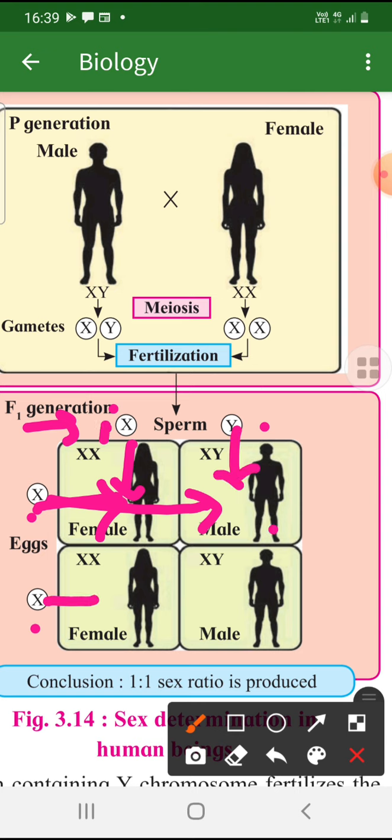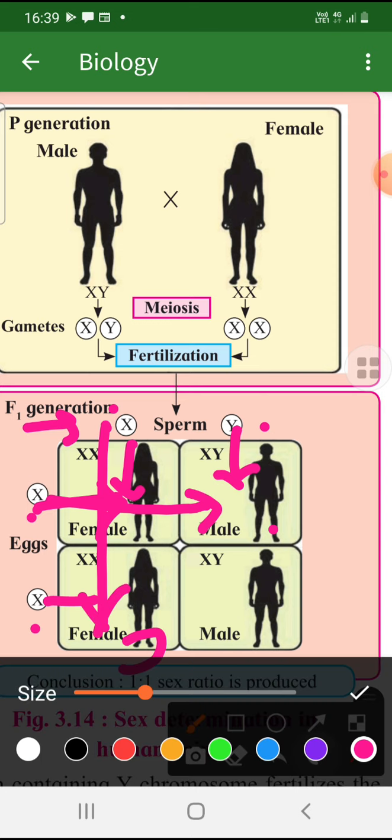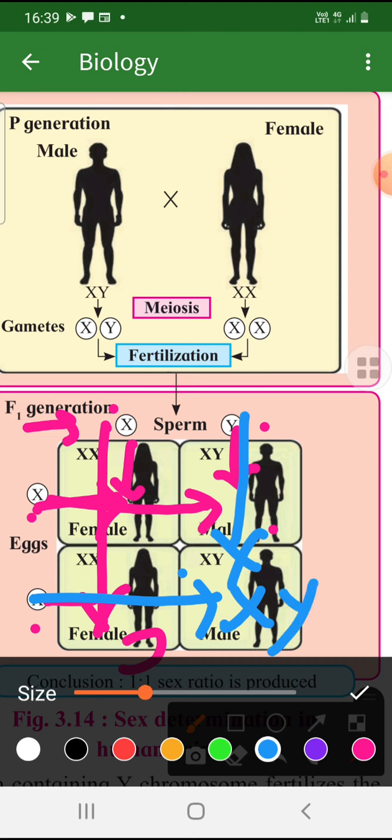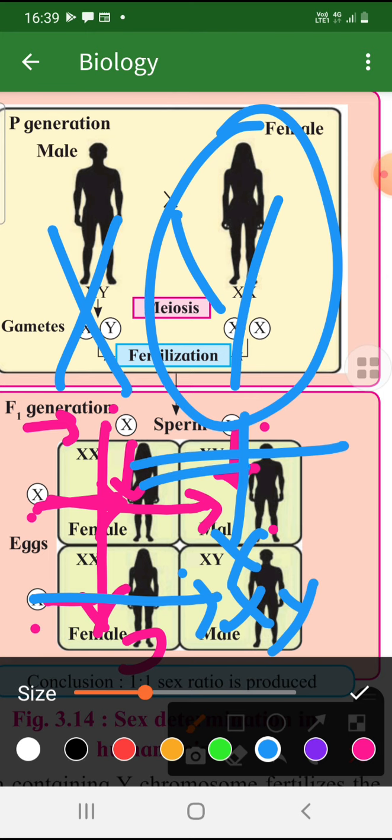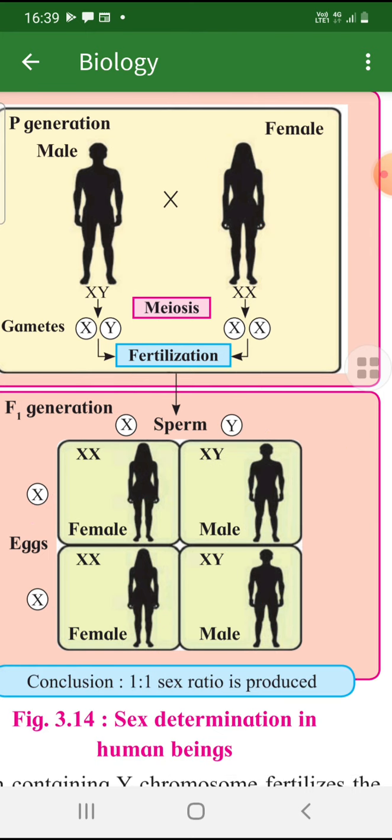This X and this X forms female, and lastly this Y and this X give rise to XY, male. So for formation of male, Y is essential. Who is giving Y? It is donated by the male.